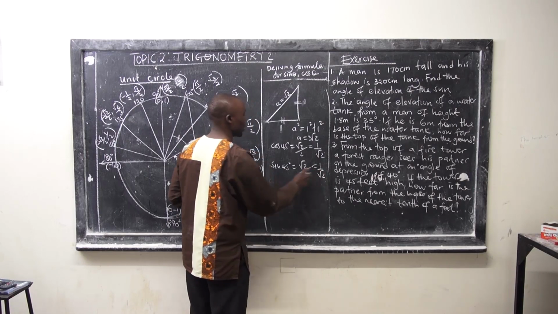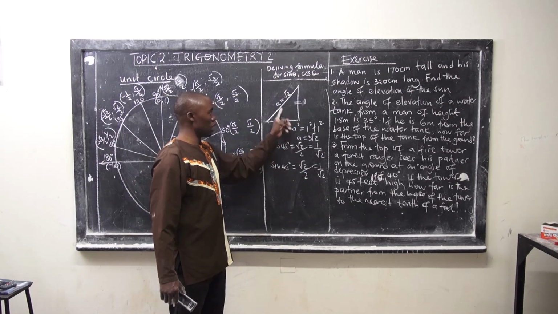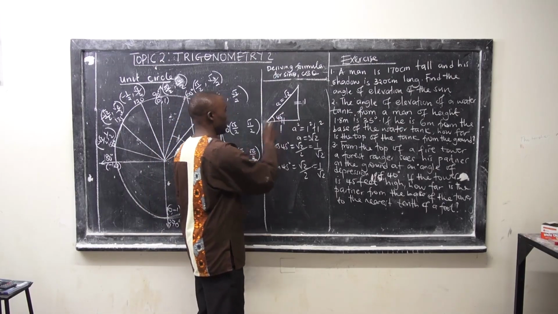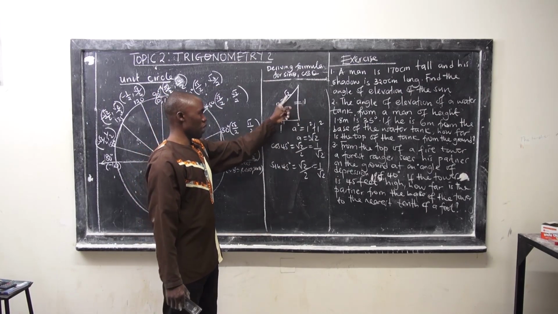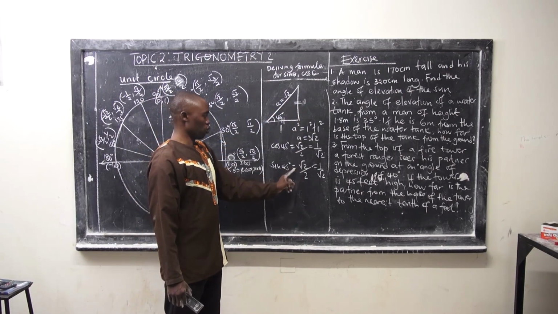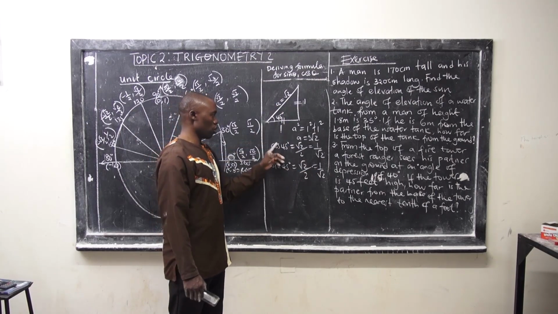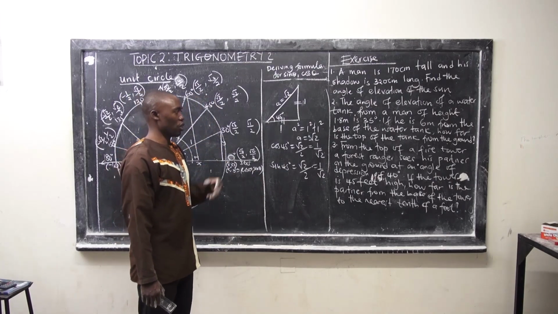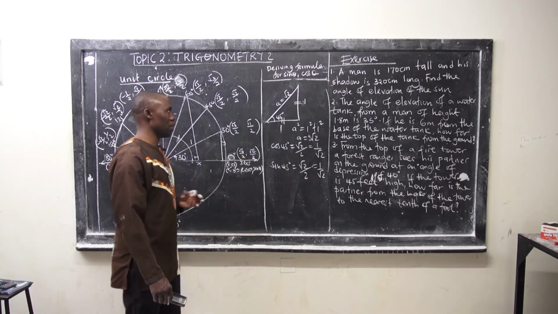It is the same as this value, because if you rationalize this you get this. If we look at our diagram, we can see that if 45 is our reference angle, then this is the opposite over hypotenuse for sine, and adjacent over hypotenuse for cos. So cos 45 and sine 45 share the same answer. We can conclude that the formula remains the same there.